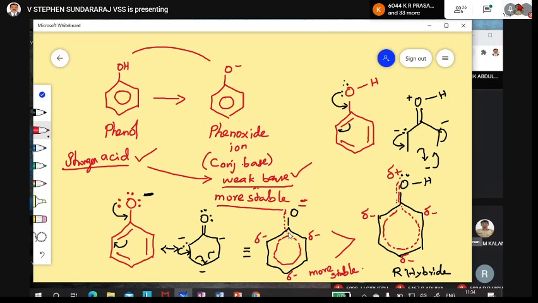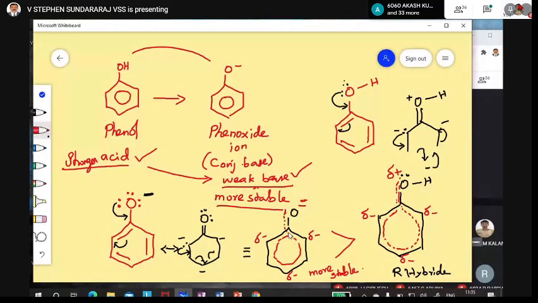When you write a resonating structure, not only in phenol, anywhere, highly electronegative atoms like fluorine, nitrogen, oxygen, if they carry a positive charge, it is not a stable structure. So according to this subconcept, once again, phenol is less stable.